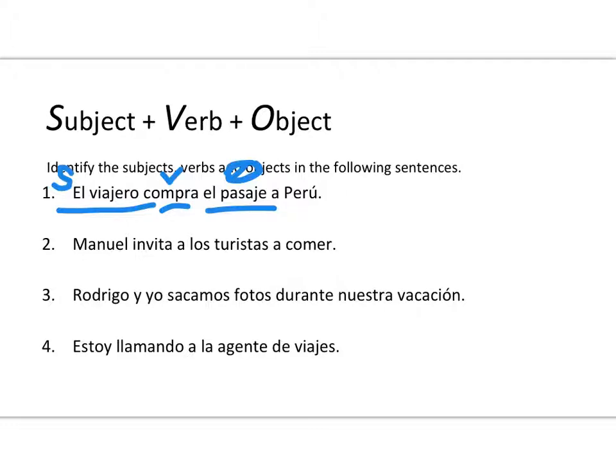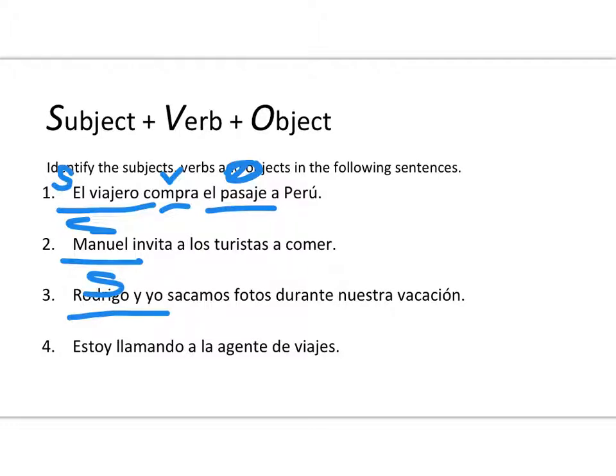Ok, hagan los números 2, 3 y 4. Repasemos número 2. El sujeto es Manuel, ¿no? Número 3, sujeto Rodrigo, yo. Y número 4. Cuidado, chicos. Estoy es el verbo.